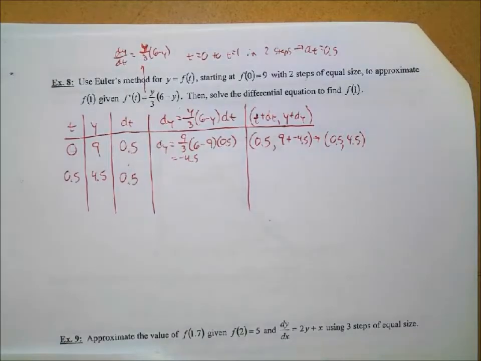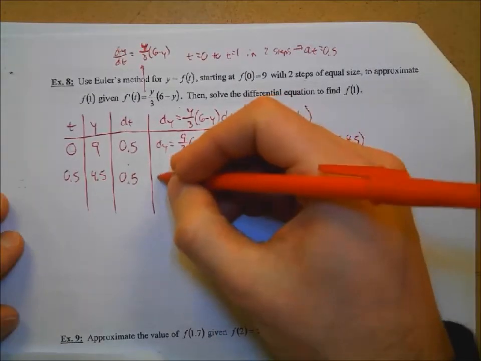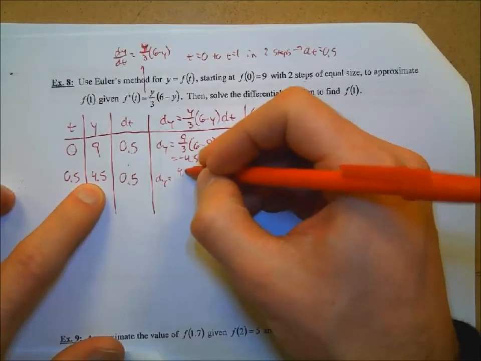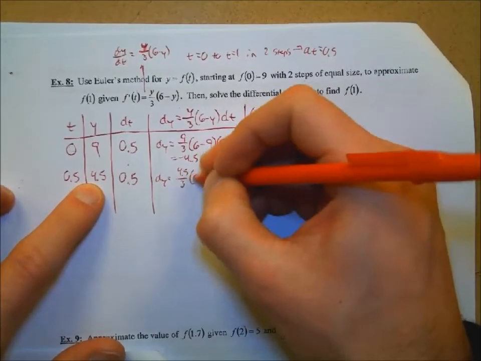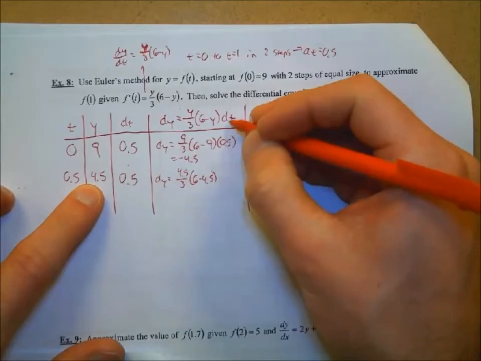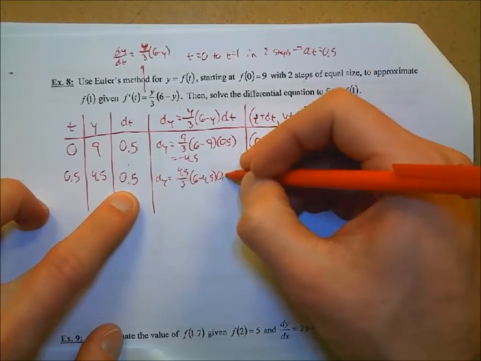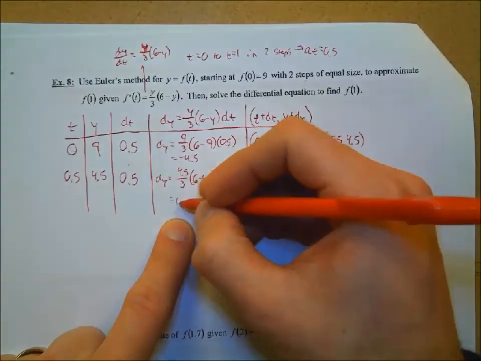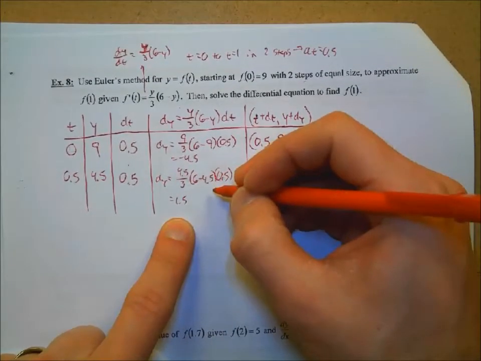Okay, plug this into our dy. So now it's going to be 4.5 over 3 times 6 minus 4.5, and then dt is still 0.5. Okay. 4.5 divided by 3 is 1.5. 6 minus 4.5 is also 1.5.